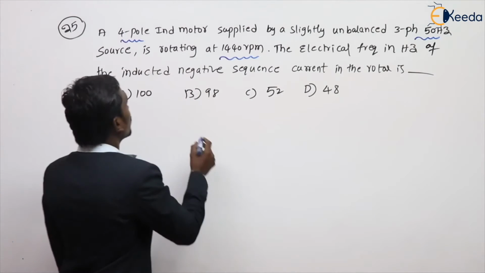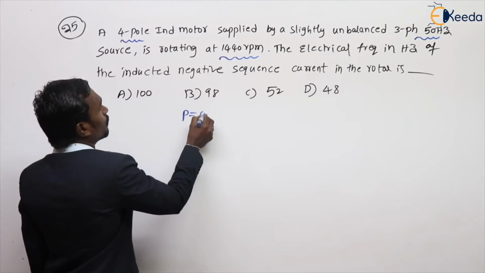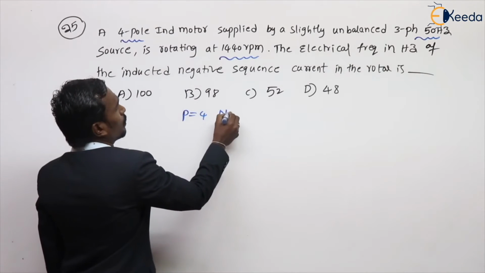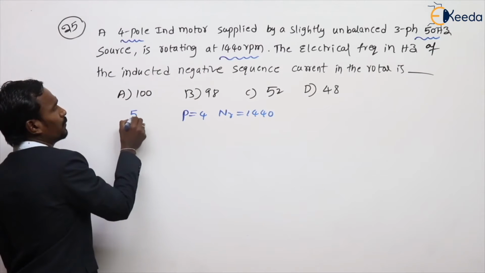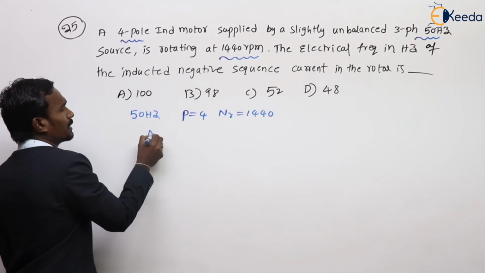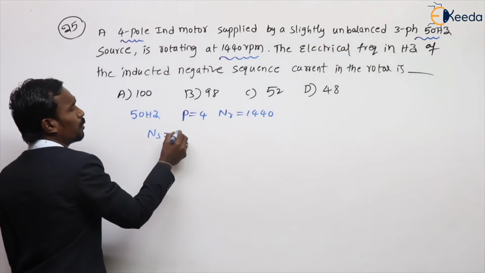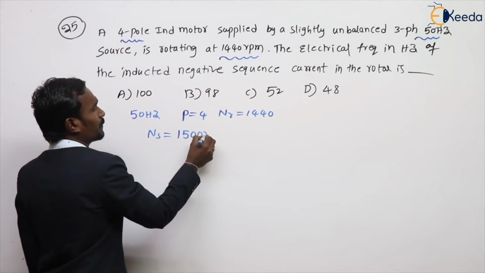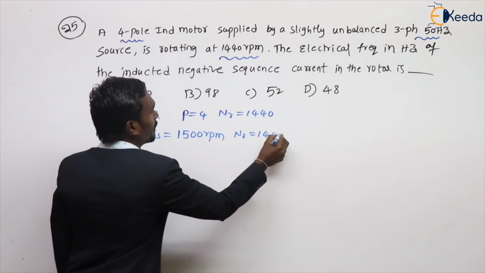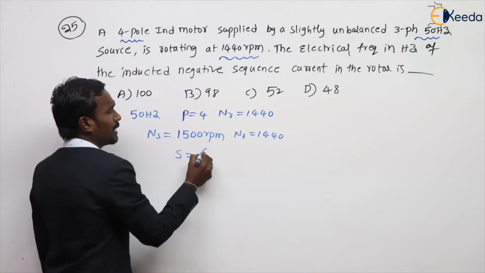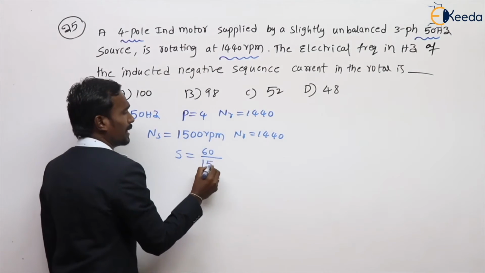So see here, the given number of poles is 4, the rotor speed is 1440, and the frequency is 50 Hz. What is the synchronous speed? For 4-pole 50 Hz, the synchronous speed is 1500 RPM and the rotor speed is 1440 RPM. Then slip is (Ns minus Nr) by Ns.